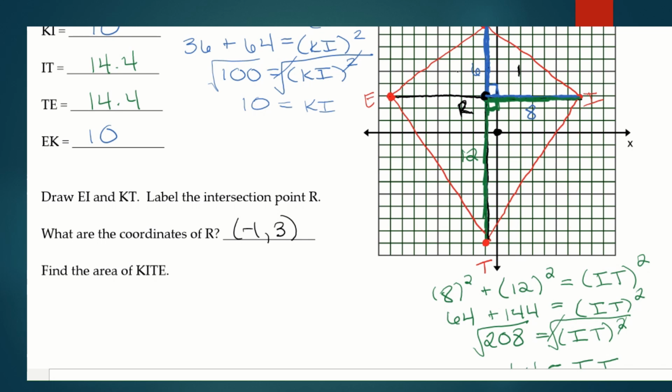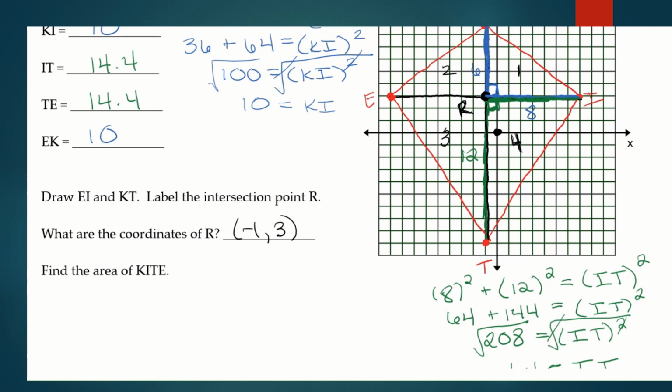Directly next to it is a second triangle that's the exact same as the first one. This third triangle is a match for the fourth triangle, which we used to help us find side IT. So there are 4 different right triangles all located within this kite.